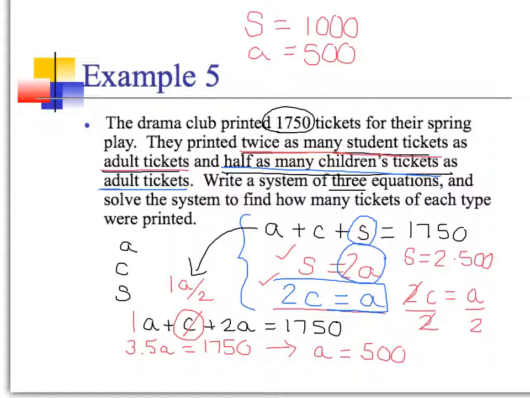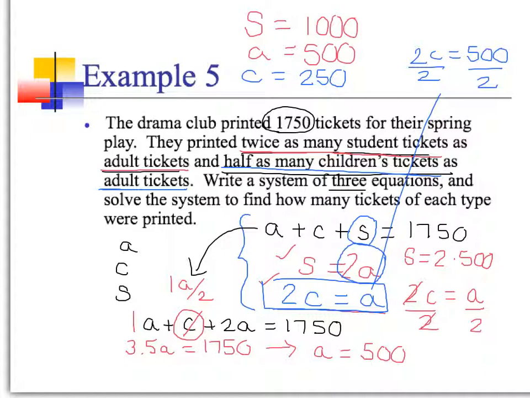I know the number of adult tickets is equal to 2 times the number of children's tickets. So 2 times the number of children's tickets is equal to the number of adult tickets, which is 500. And to get the number of children's tickets alone, I'll have to divide by 2, and I get the number of children's tickets equal to 250. You'll notice that those all add up to 1,750 as they were supposed to.